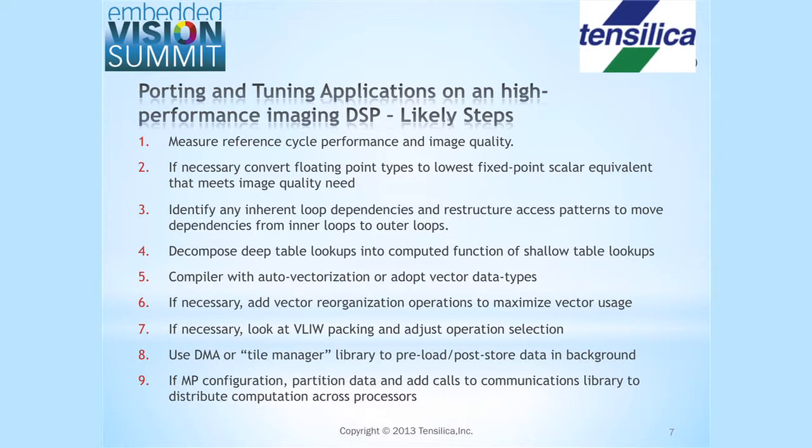But the impact of this, getting from 1 or 2-way sustained issue to 3 or 4-way sustained issue, is maybe only a factor of 2, whereas vectorization may be helping you by a factor of 16 or 32 or more. So vectorization is the big hammer here.